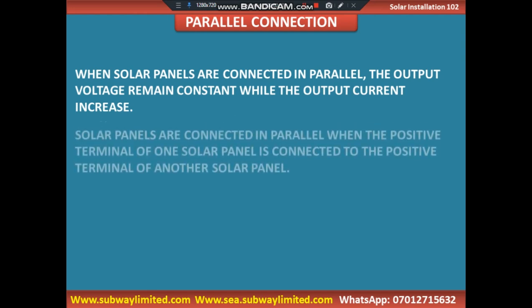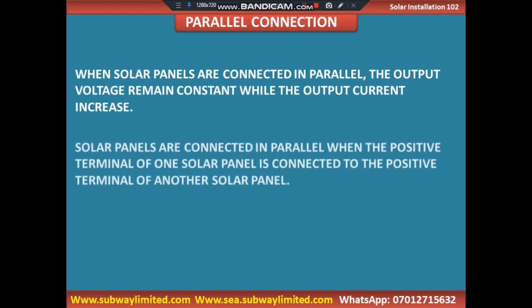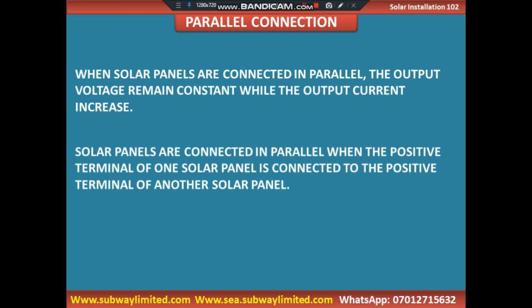Solar panels are connected in parallel when the positive terminal of one solar panel is connected to the positive terminal of another solar panel. When we were talking about series connection, it was the positive terminal of one panel that was connected to the negative terminal of another panel.